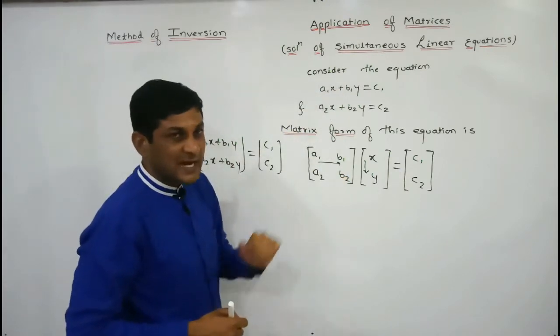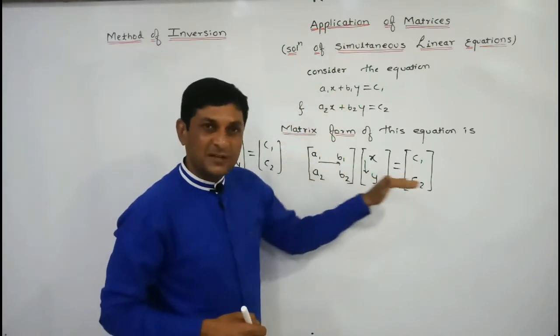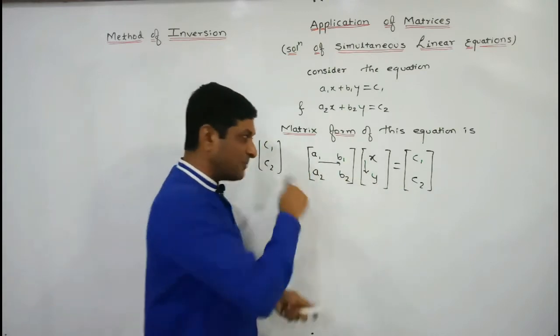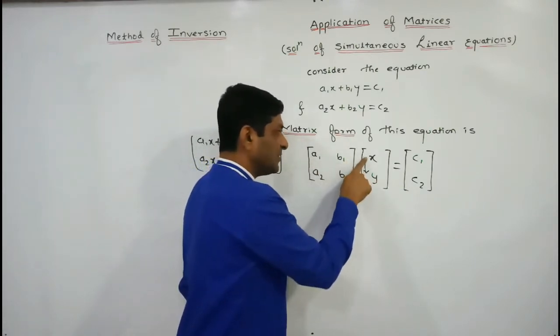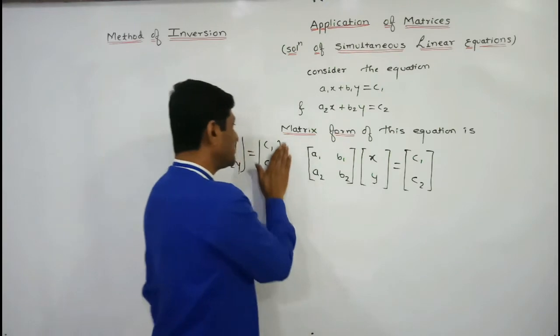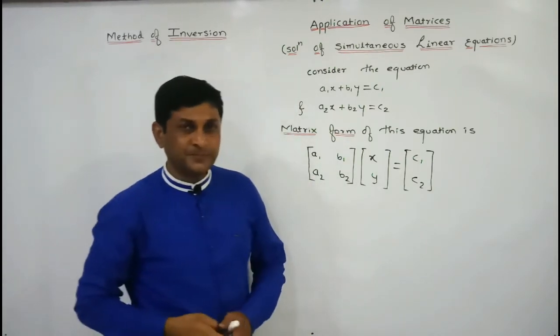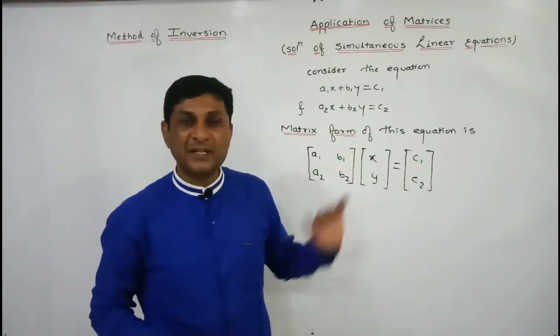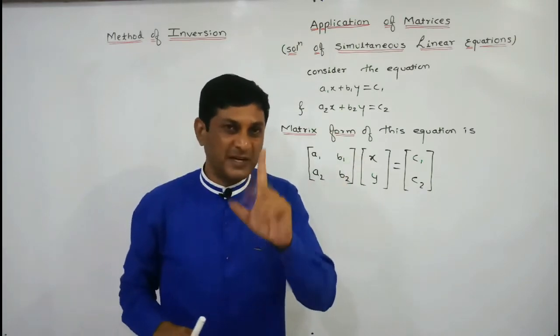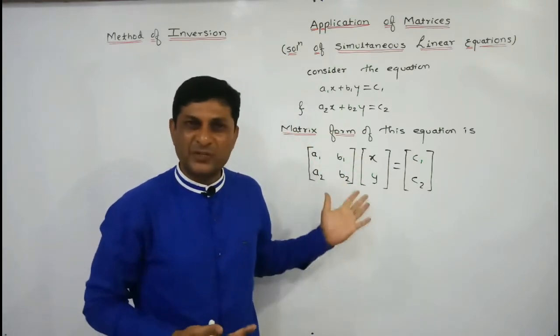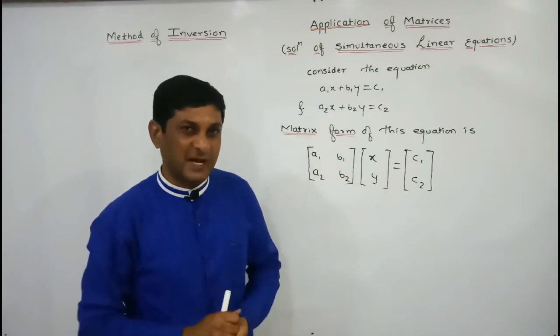Its meaning is that this equation can be represented in this form, because after solving it we get the same equations, and this representation is called the matrix form of the given equation. So if we represent the given equation in the matrix form, you will get the first mark. It is very easy to get this first mark, isn't it?